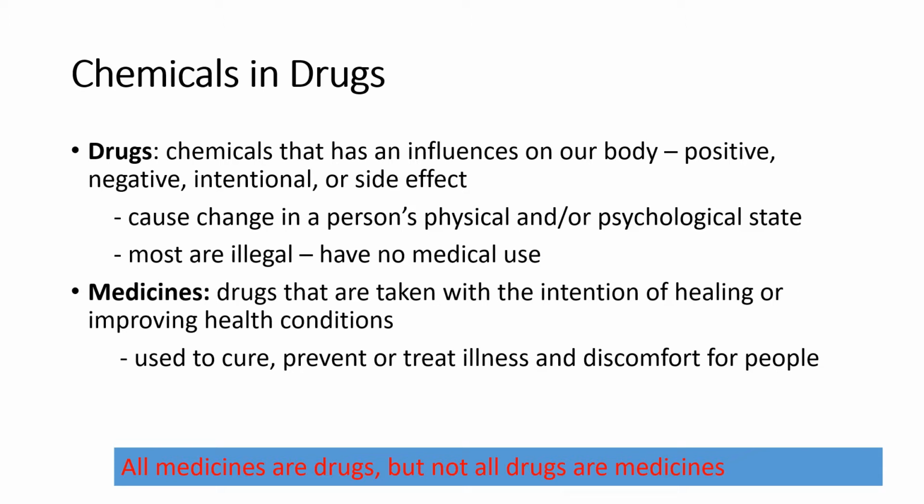Also, most are illegal and have no medical use. Whereas medicines are drugs that are taken with the intention of healing or improving health conditions. They are used to cure, prevent, or treat illness and discomfort for people.